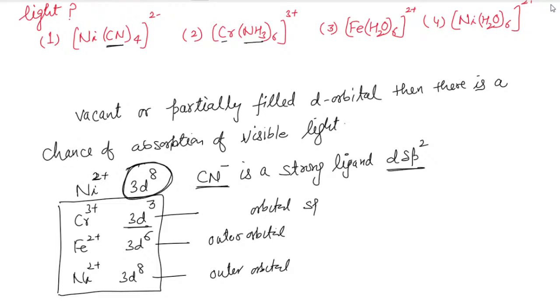And because of this strong ligand, this complex will not absorb light in the visible region because all the orbitals are filled either by metal electrons or cyanide. That's it. Got it, beta?